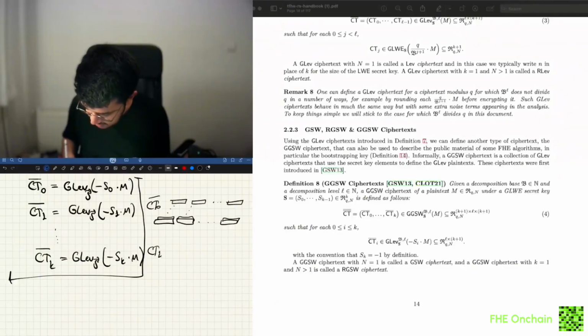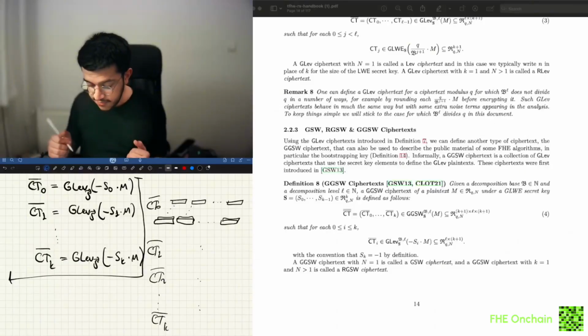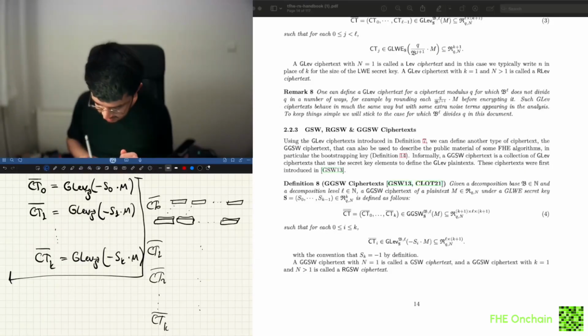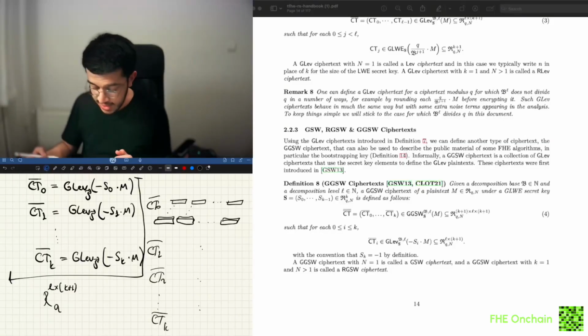We're going to have CT1 bar, CT2 bar, and until CTK bar, so that we will have many of these, and at the end our ciphertext dimension will be R_Q to, it was K plus 1, but this time we have a multiplier L, because we have L layers.